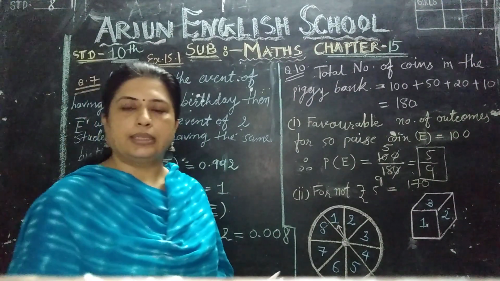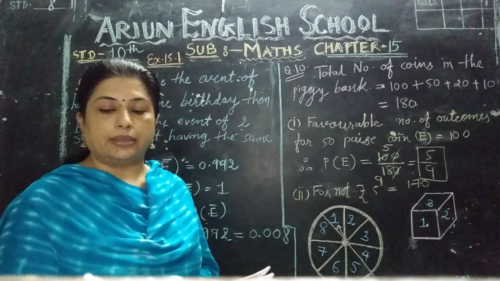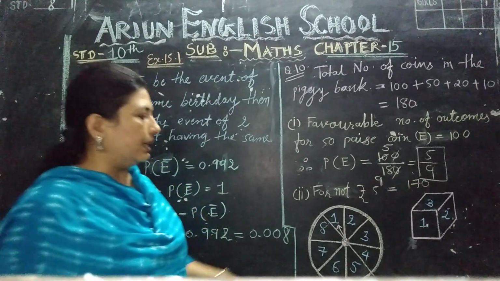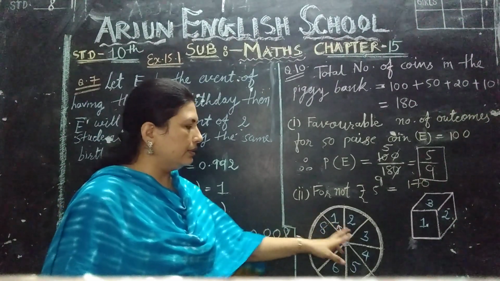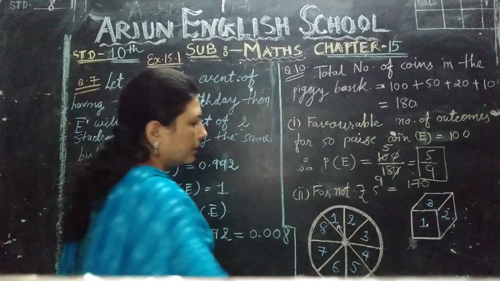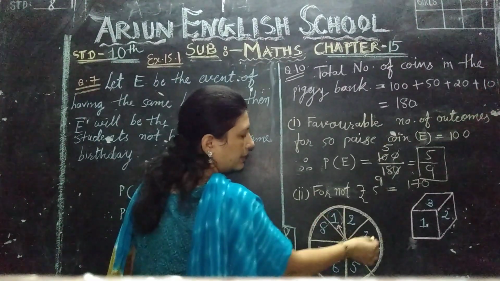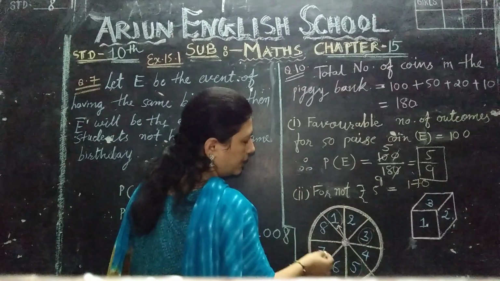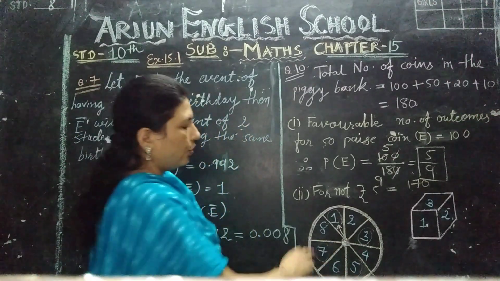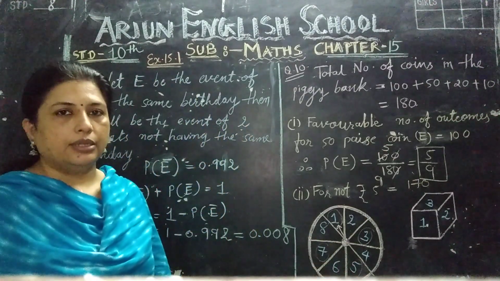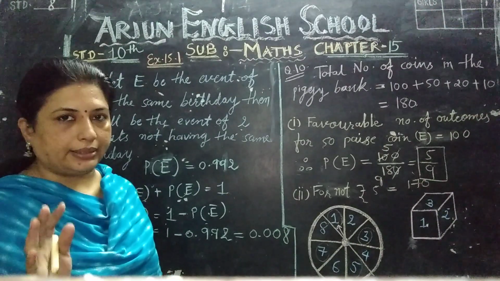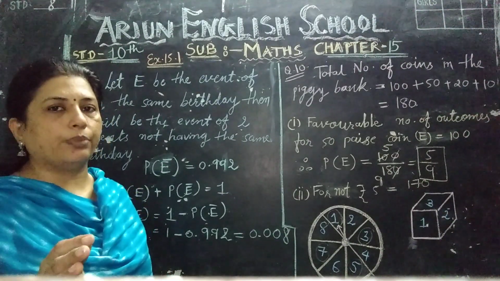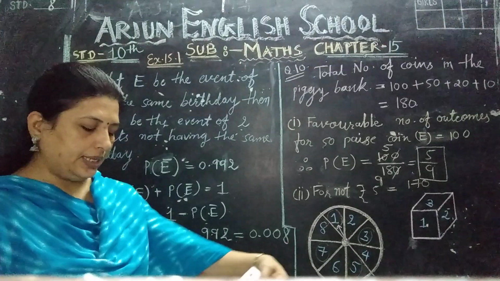Second question is an odd number. Now odd numbers are 1, 3, 5 and 7. So 4 odd numbers are there. So probability is 4 by 8, and 4 by 8 is 1 half.